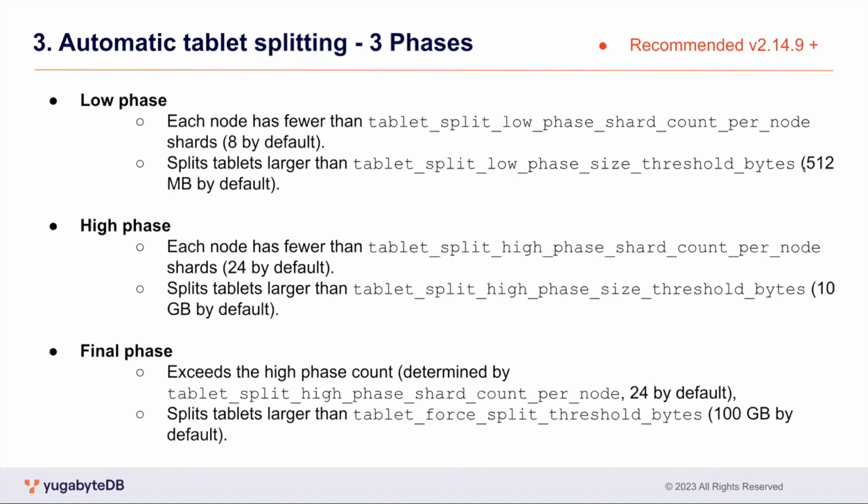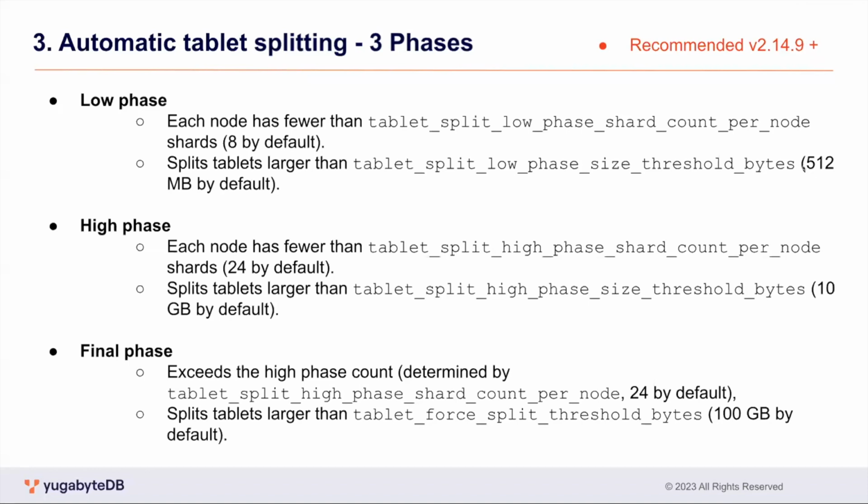To be in this phase, you need to be less than 24. Then in this phase, it will start to split at 10 gigabytes by default. Meaning the tablets will grow, like the 9th tablet maybe starts to get in here, and when they reach 10 gig, then they will split. That's what we call the high phase.